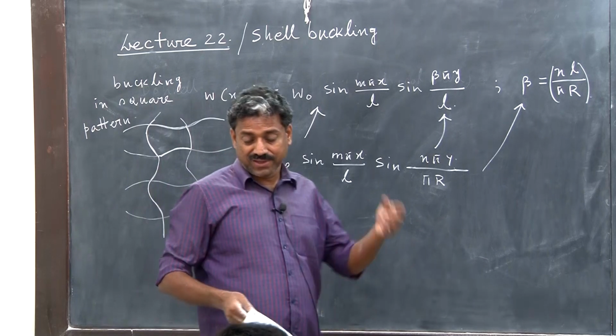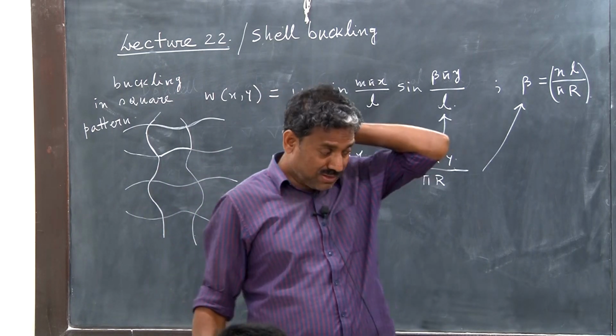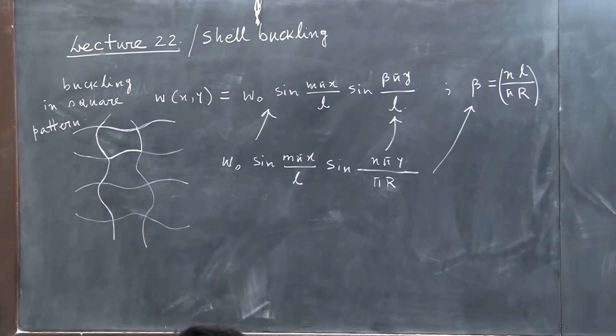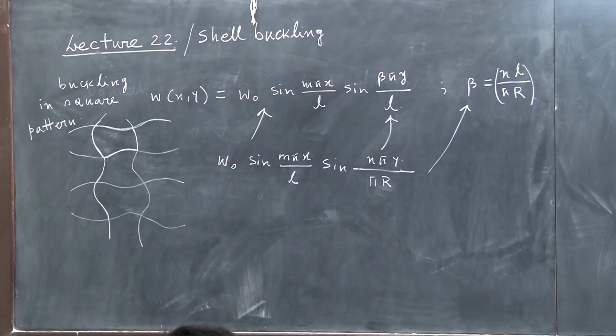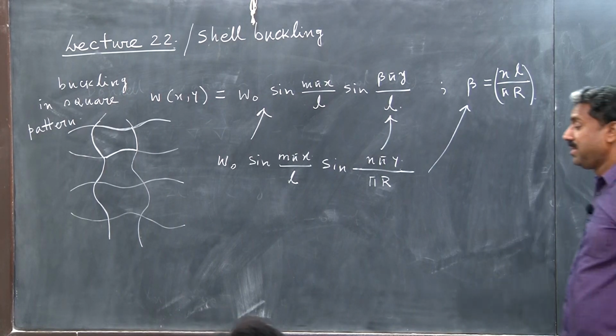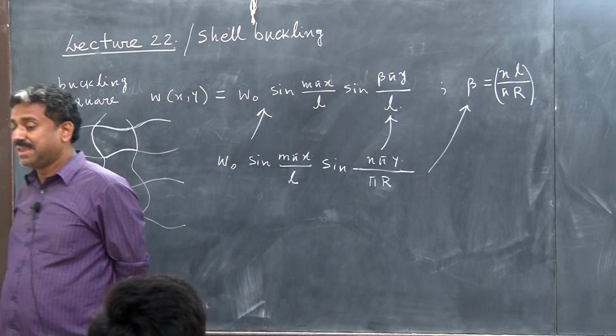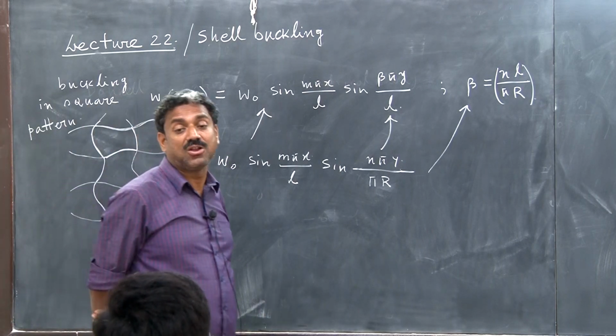There is a problem: saying that it buckles in a square pattern using sinusoidal approximation is a huge simplification of the problem. If you do the experiment, it doesn't buckle in the square pattern at all.